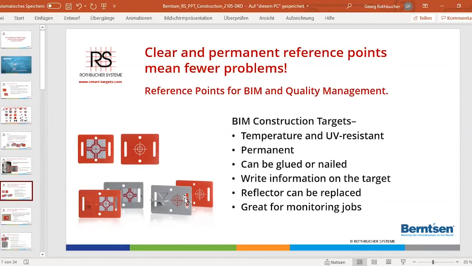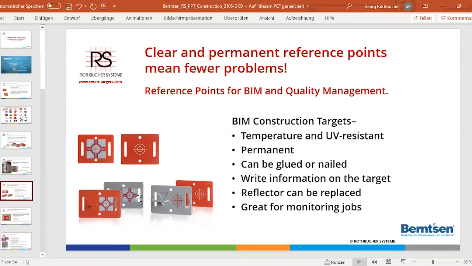So you can still use this. What we cannot guarantee is the target reflector itself, but so that you can be sure that you don't lose your measurement point, behind our target reflector you will always find a crosshair. So even when the target reflector falls off or is destroyed, you don't lose your measurement point.